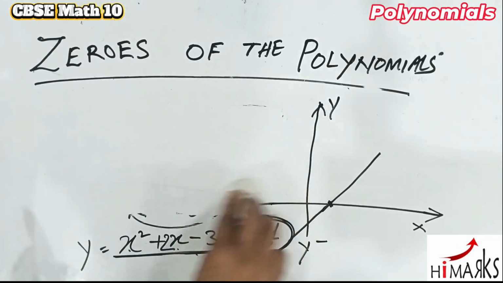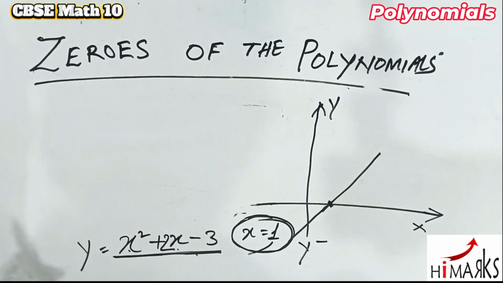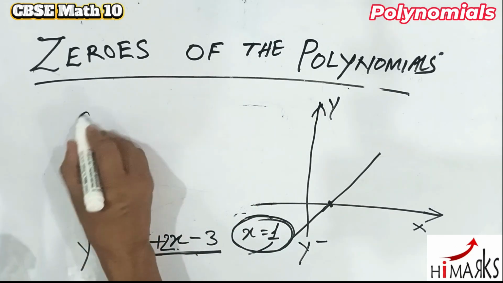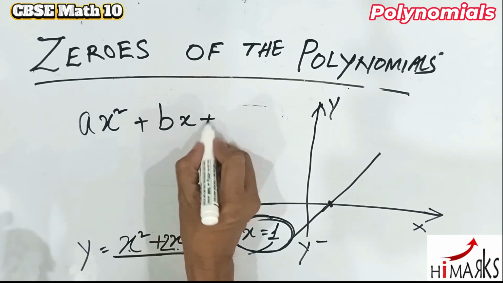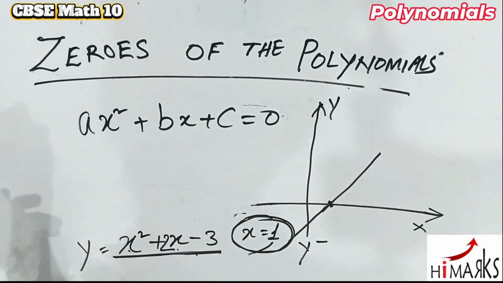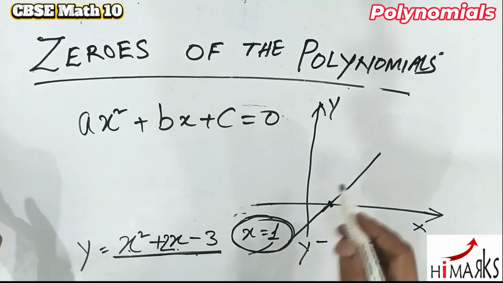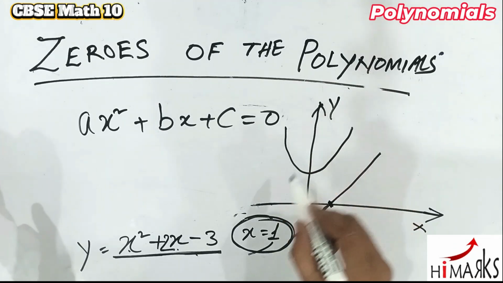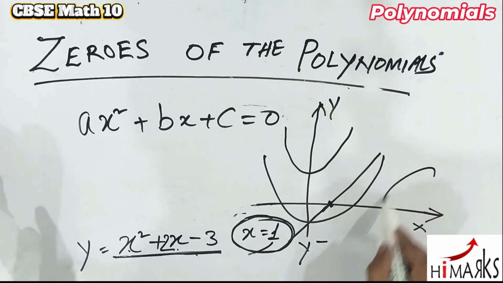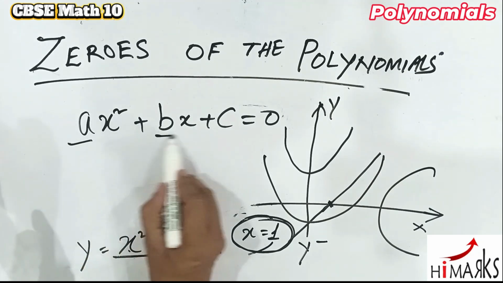A quadratic equation is also a polynomial, ax square plus bx plus c equal to 0. This curve is actually a parabola, and where it lies is decided by a, b and c.